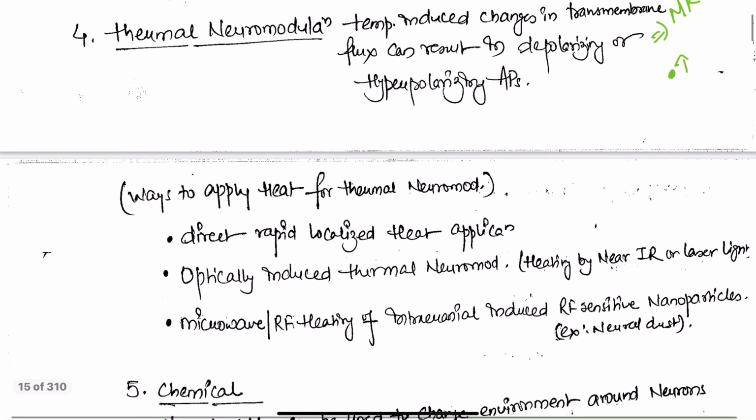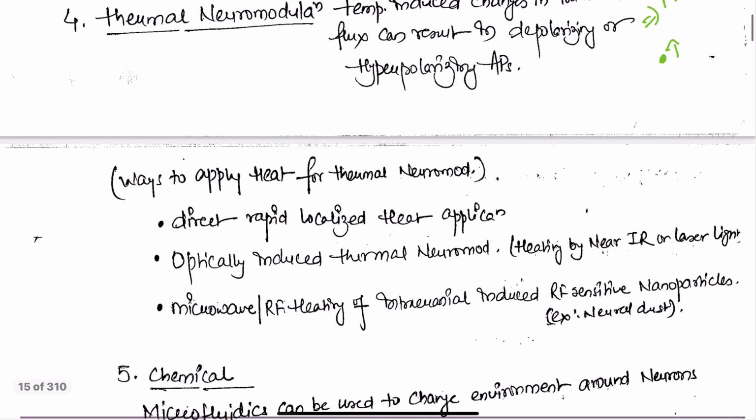Now, ways to apply thermal neuromodulation: direct, rapid, localized heat application. Optically induced thermal neuromodulation is what is used in optogenetics. And you have heating by near infrared light and laser light.